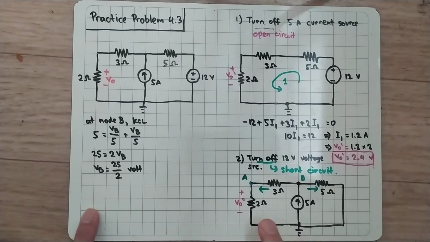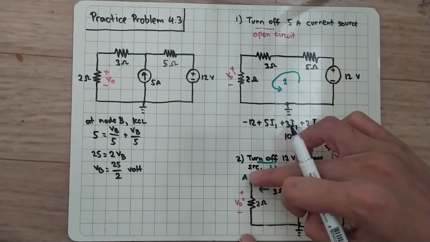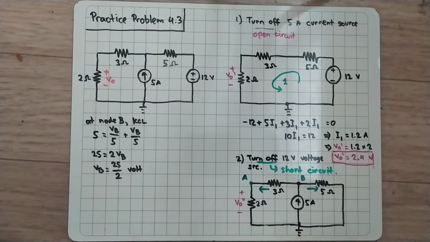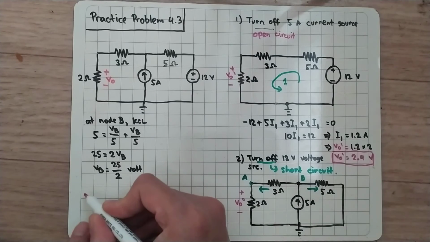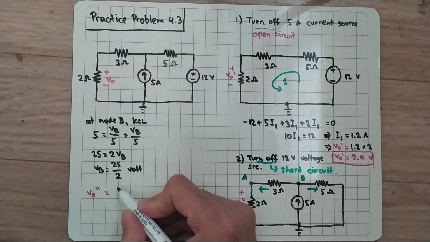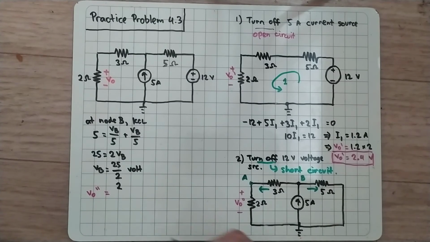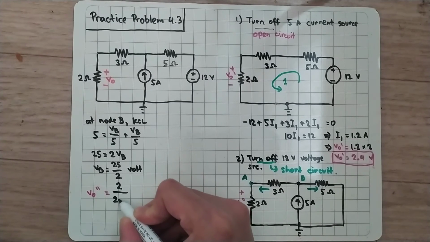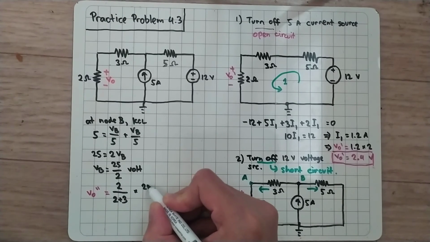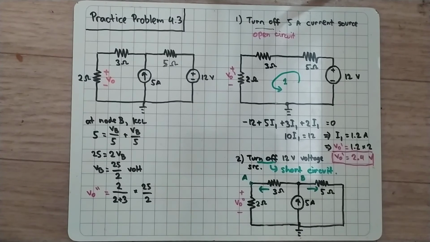And now we need to find out V0 double prime, which is this one, and VB is this one. So we can use voltage divider. So V0 double prime is equal to this resistance, which is 2 divided by 2 plus 3, multiplied by VB, which is 25 over 2.